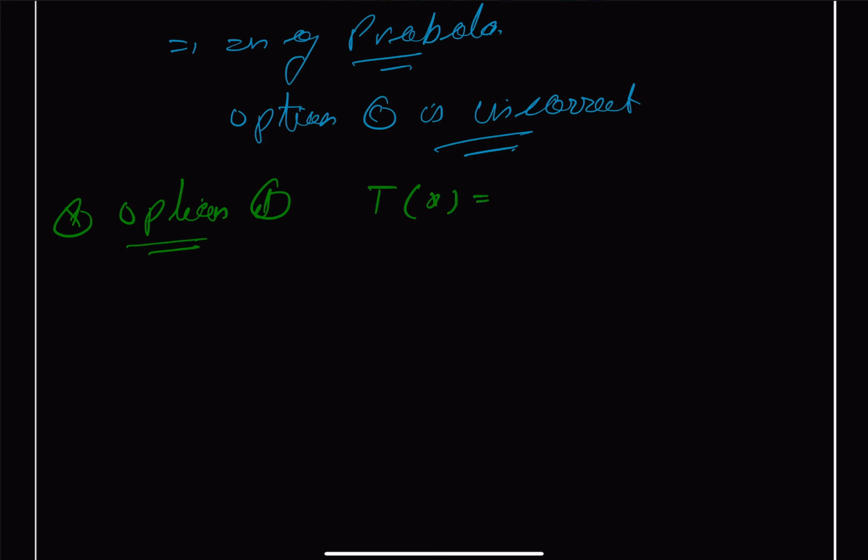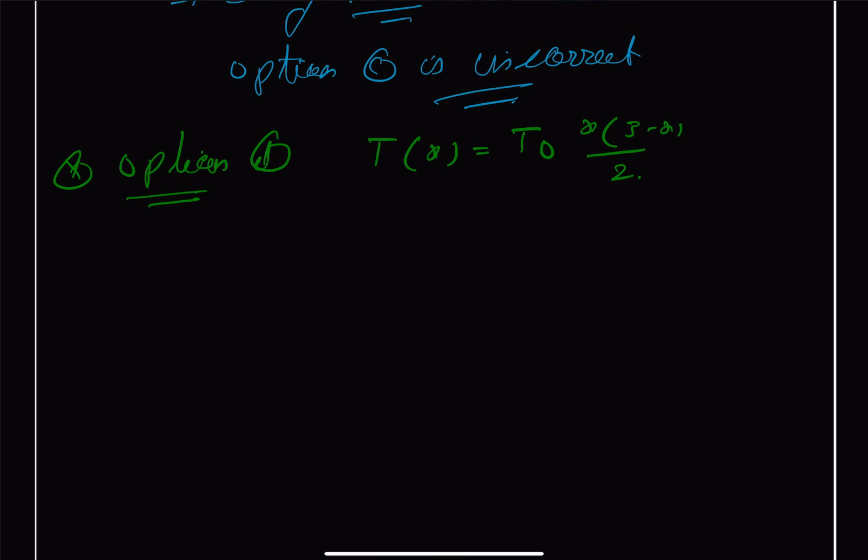We know that T of x will be equal to T naught x times 3 minus x upon 2, and we are simply going to differentiate it with respect to x. So we get dT upon dx is equal to T naught times 3 minus 2x divided by 2, and for maximum we are going to put dT by dx equal to 0.